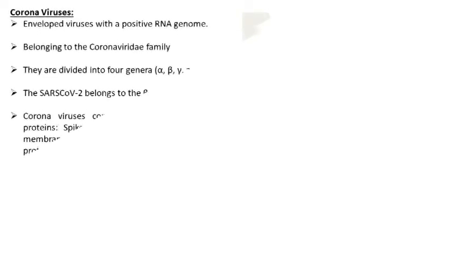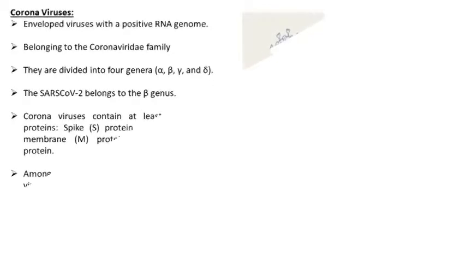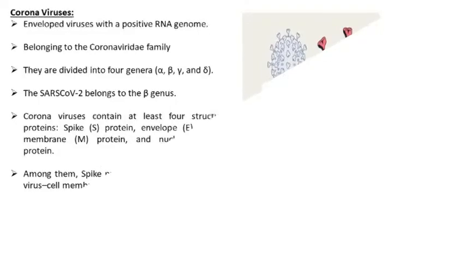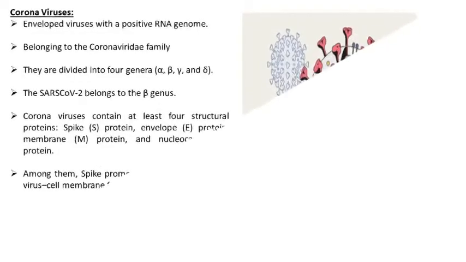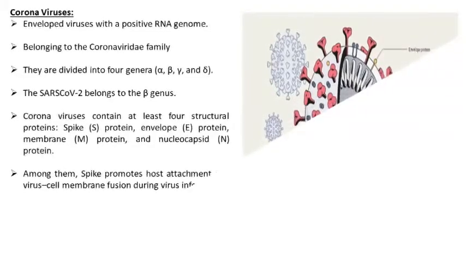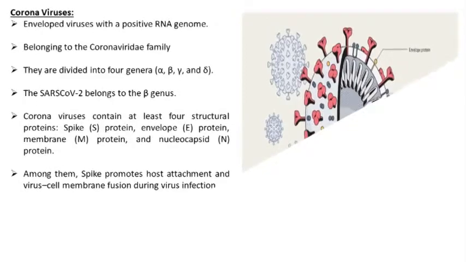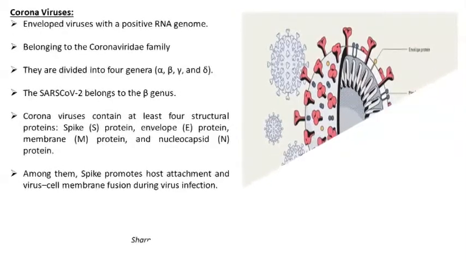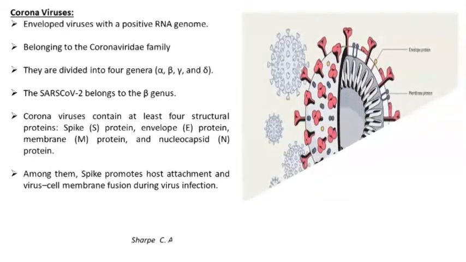The coronavirus is not a new virus. It was discovered in the 1960s. They are divided into four genera: alpha, beta, gamma, and delta. SARS-CoV-2 belongs to the beta genus, which is the same as SARS-1 in 2003, which was beta genus as well. Coronavirus contains at least four structural proteins.